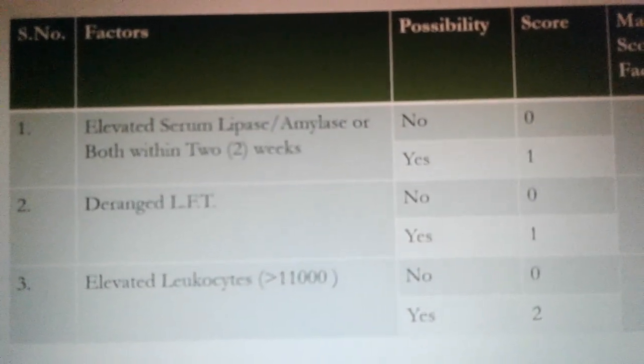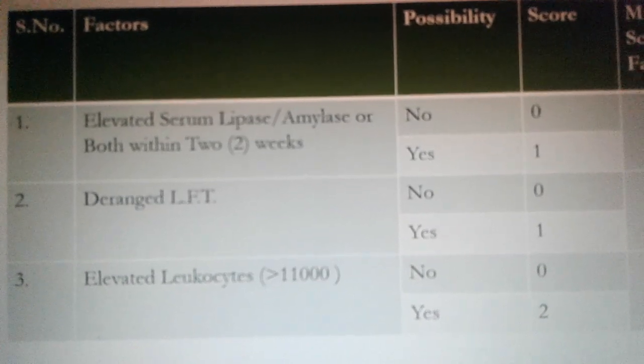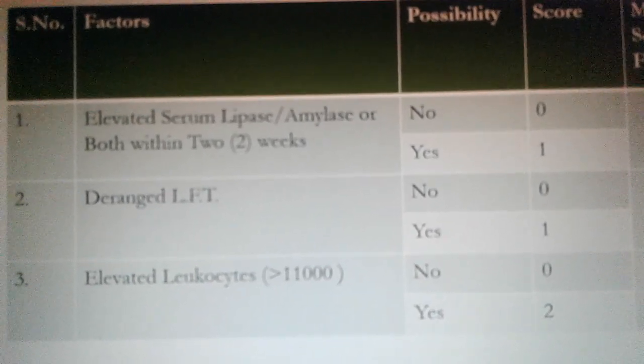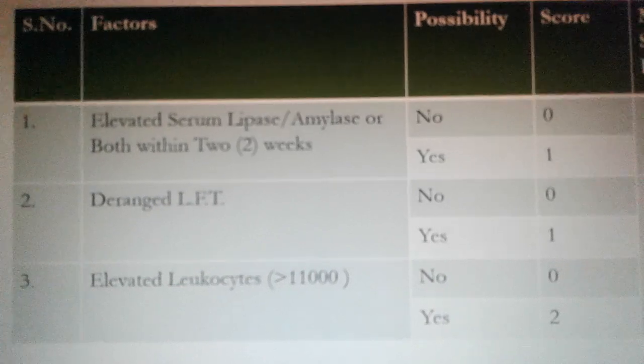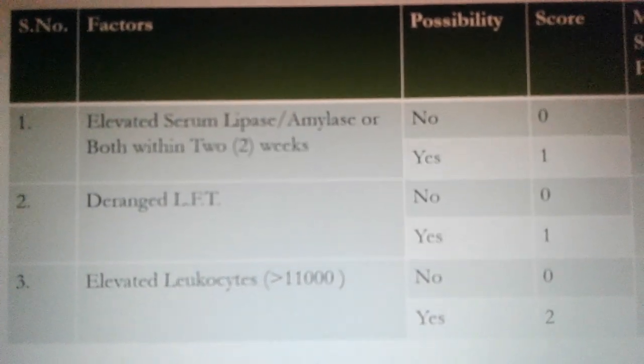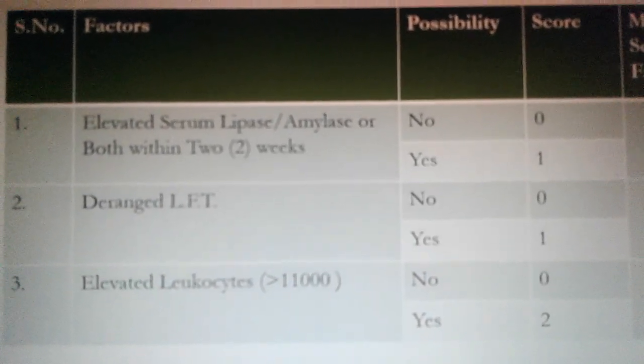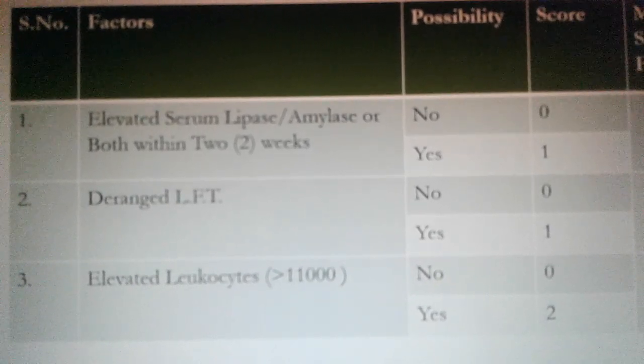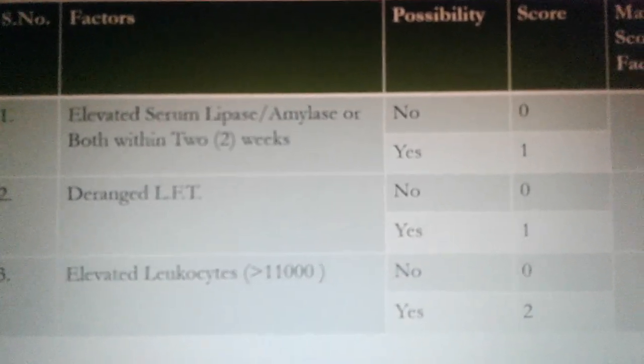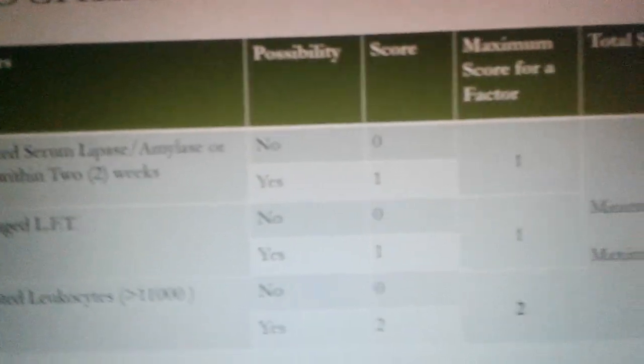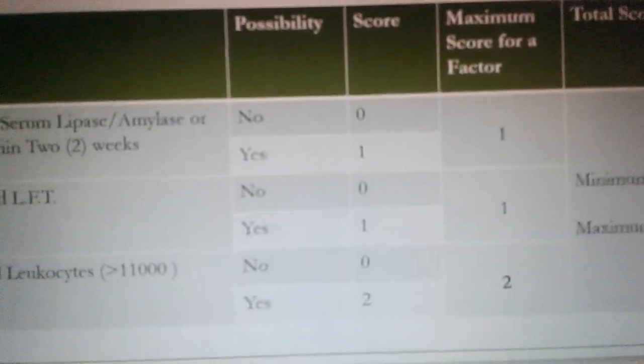And the third group is elevated TLC, total leukocyte count. We have taken the reference value as more than 11,000 cells per millimeter cube. If the TLC count is more than 11,000, that is again an important factor.